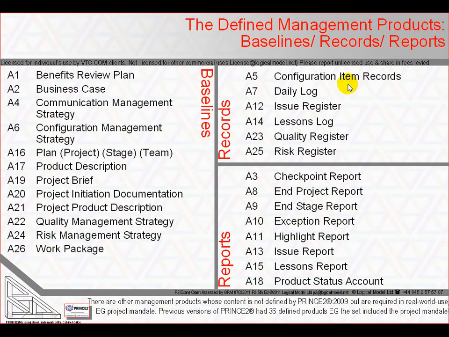For example, our bakery's mixing machine may be purchased, then received, then awaiting installation, etc. The configuration item records record the status as products travel through their life cycle of work from not started, work in progress, ready for test and then maybe ready for rework, otherwise ready for integration, and finally ready for delivery and delivered. A product status account, on the other hand, is a snapshot in time of the current status of a collection of configuration item records. For example, all the products allocated to a particular team or stage. These records are created and used by the project's various role holders.